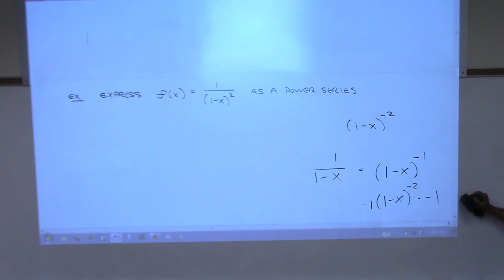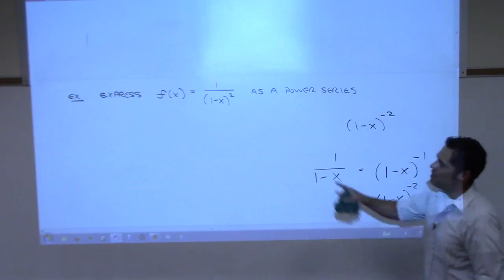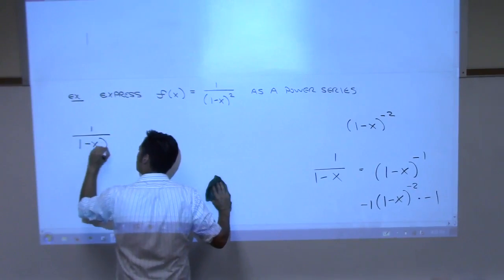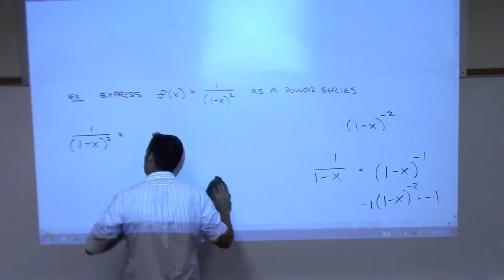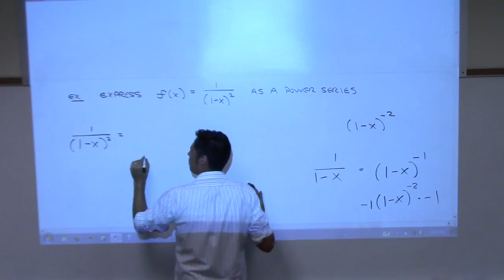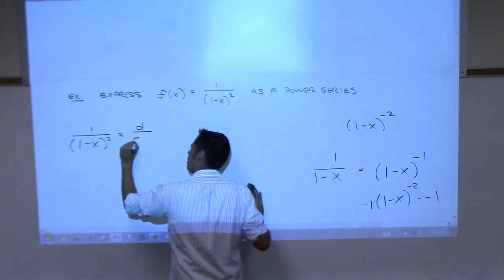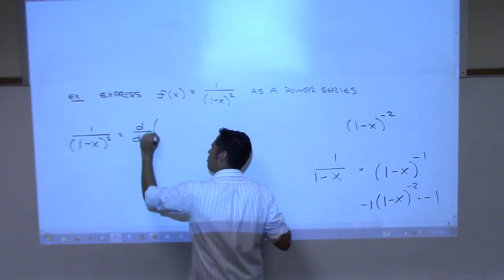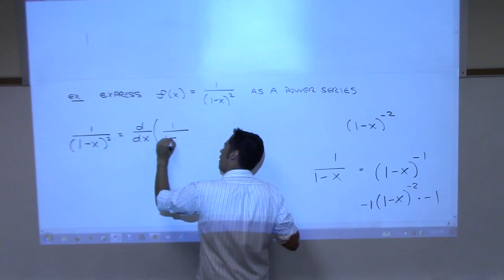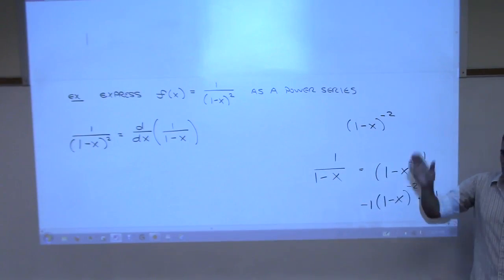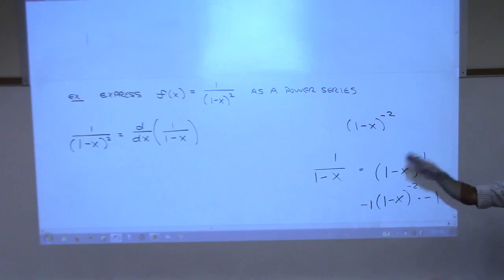Yeah? So, because we are somewhat good when it comes to derivatives, we understand that this is actually just the derivative with respect to x of this. Do you agree with that equation? The left side is equal to the derivative of that right.